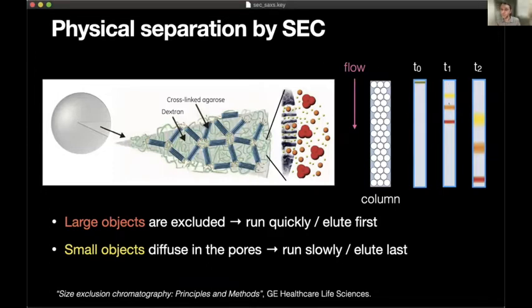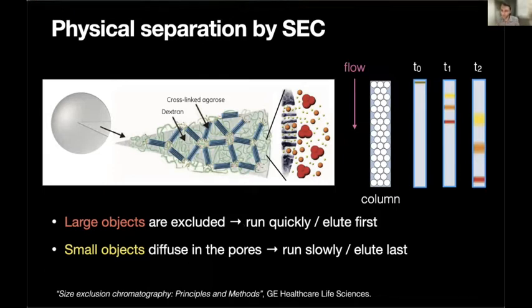And then if you were to look at how they were running through the column, you would see that over time, they split into bands where the red thing is running faster and the yellow thing is running slower. Okay, so things that run more quickly elute first, and things that run more slowly elute last. So you have to kind of mentally convert speed to time when you're reading a chromatogram.